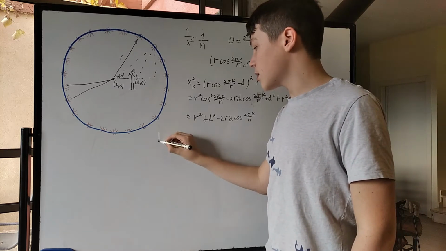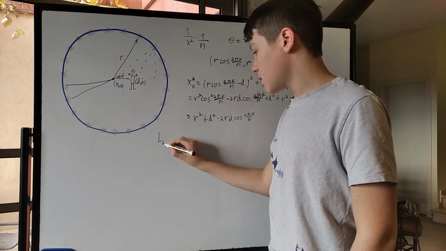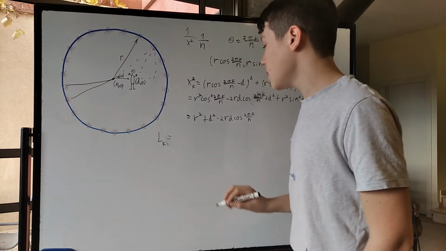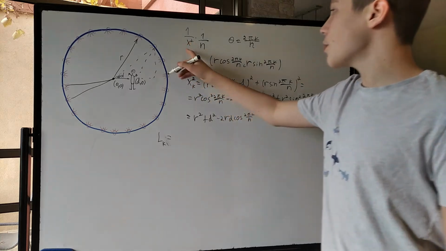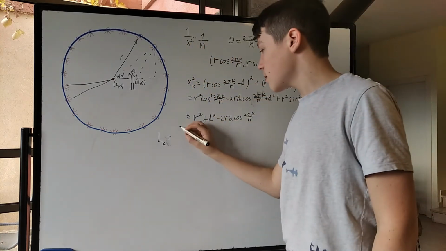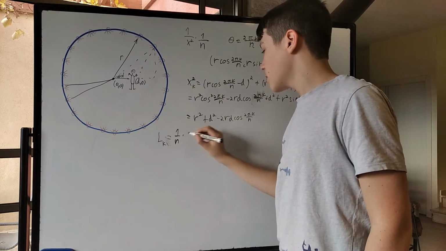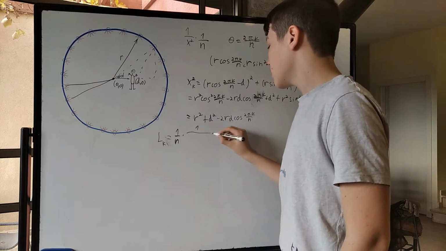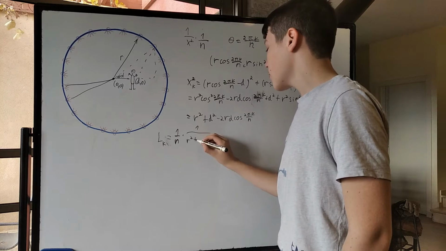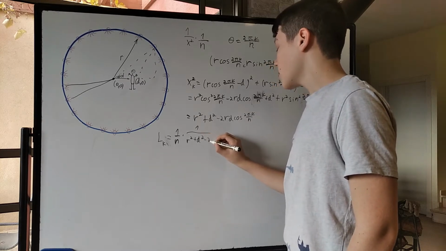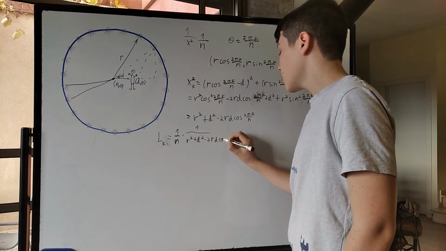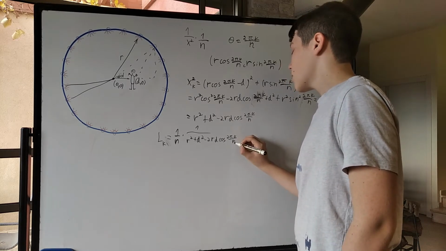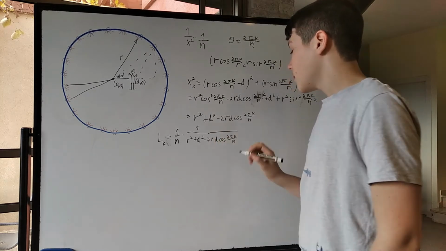Because it's light, I'll call it L, and L_k is going to be 1 over the distance squared times 1 over n, and the distance squared is just this: r squared plus d squared minus 2rd cosine 2 pi k over n. Alright.